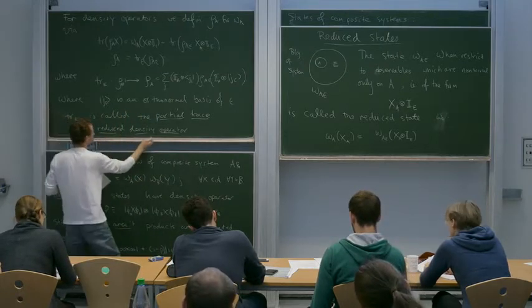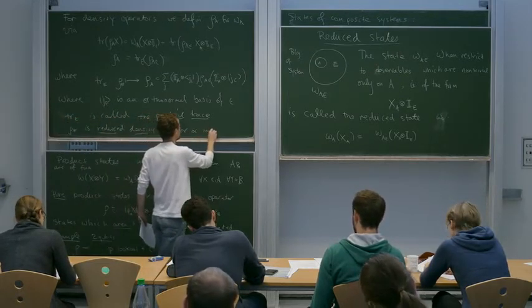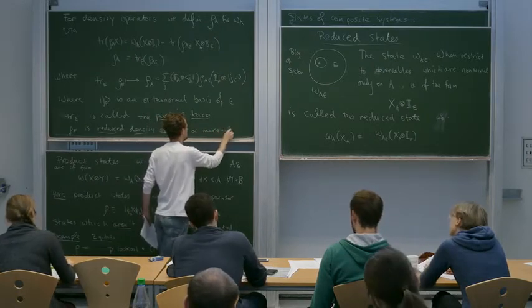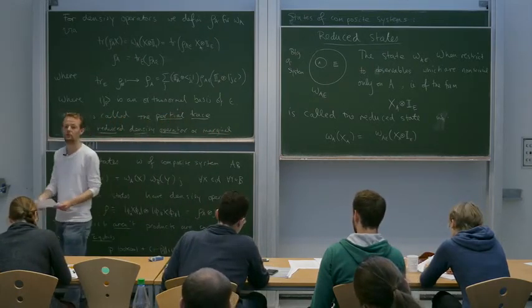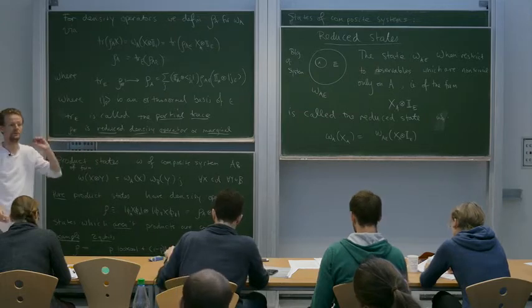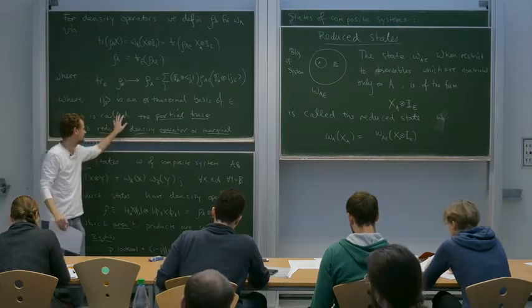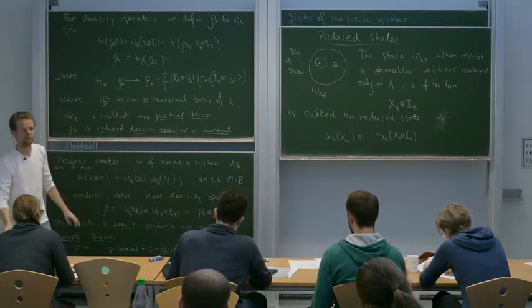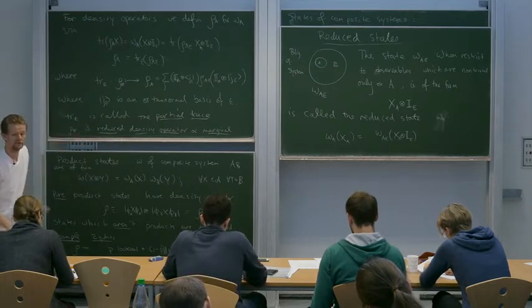Or marginal. Because it's exactly the same as the marginal in probability theory. If you have a probability distribution for two random variables and you look at the marginal, then you can map it into a density operator calculation.